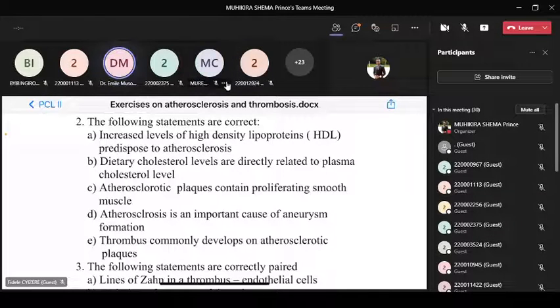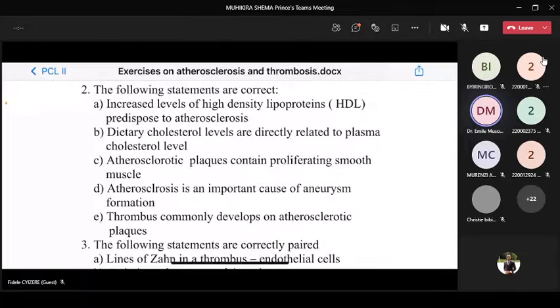high level of cholesterol is not always directed to the plasma cholesterol level. Most of the time, there are genetic factors for plasma cholesterol level. It doesn't mean that when there is too much dietary cholesterol, you immediately have a high plasma cholesterol level. No, there are some genetic factors in that.